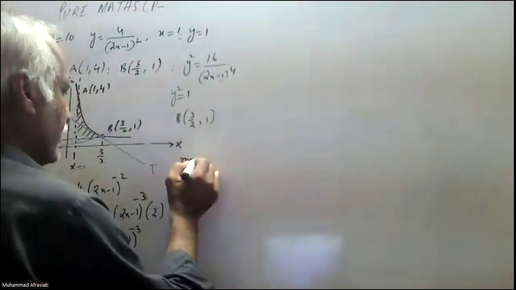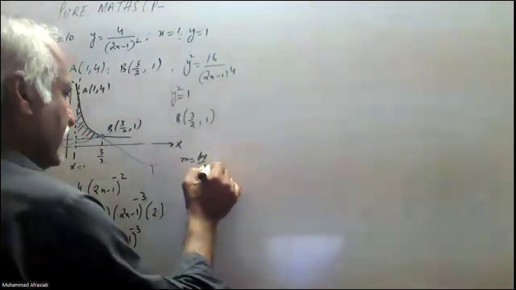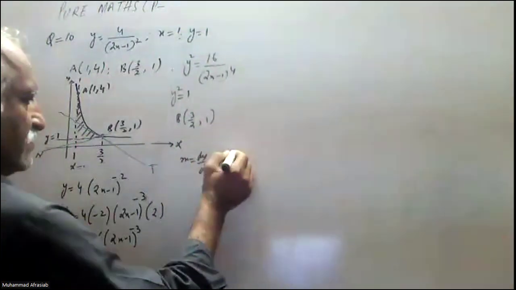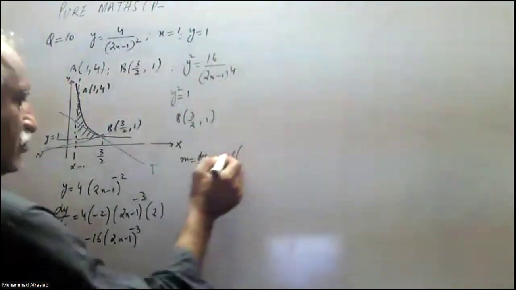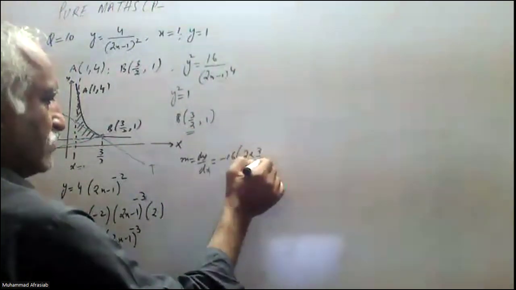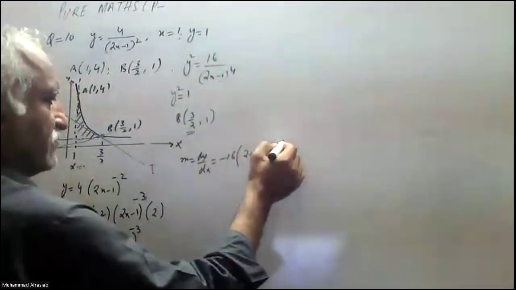So m is going to be equal to dy by dx. So that thing is equal to minus 16 into 2, x value is there 3 by 2, minus 1 power minus 3.